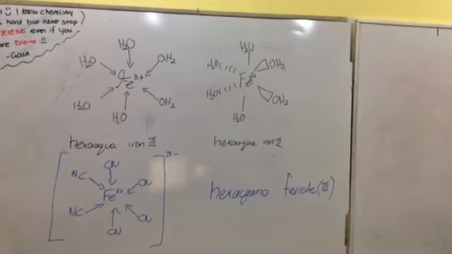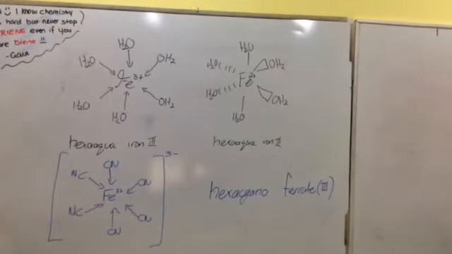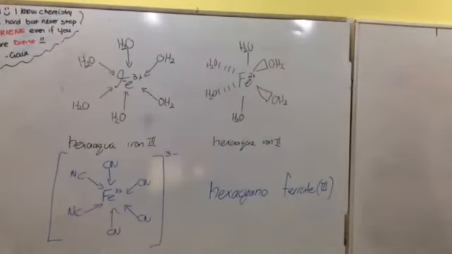Okay? Now, the first one is a positive complex because water has no charge. The second one, each CN, each cyano group, okay, is giving a negative charge. So each CN is giving a -1. What does it mean that it's giving a -1?